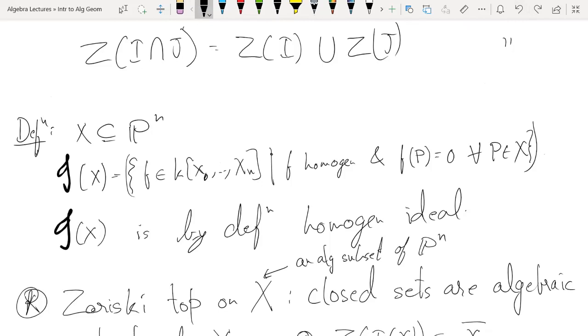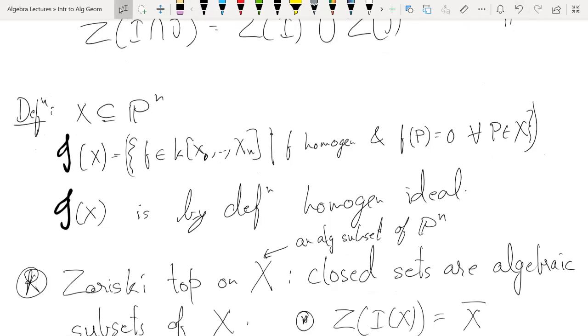So the ideal of X is those homogeneous polynomials in the ring such that f(p) is 0 for all p in X. That is the definition of the ideal of a subset of Pn. Then you consider the ideal generated by these homogeneous polynomials, because if you just take these homogeneous polynomials, it's obviously not going to be an ideal.